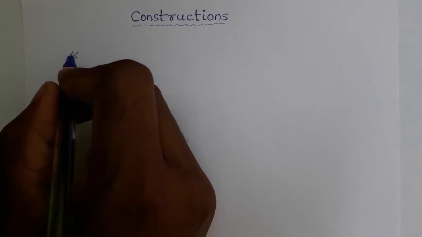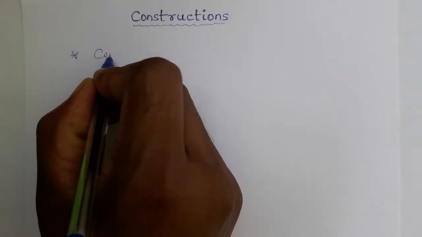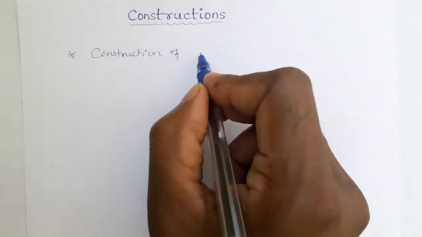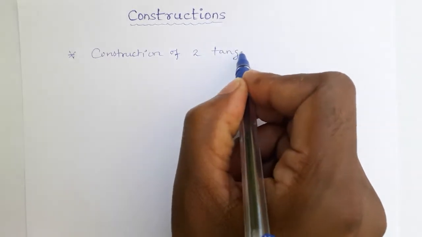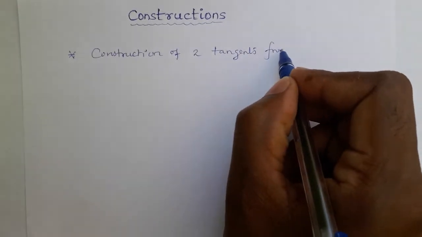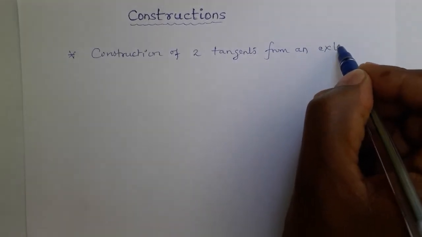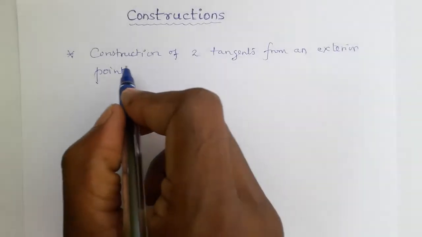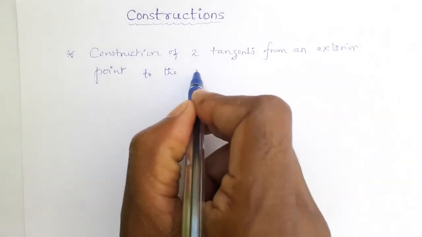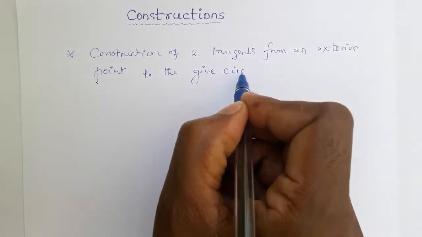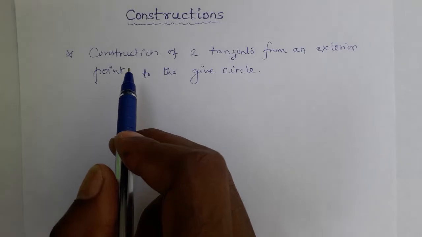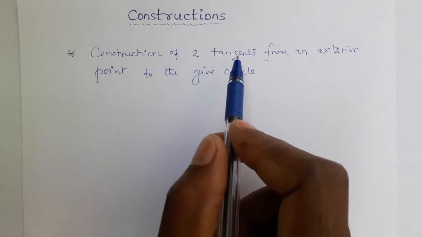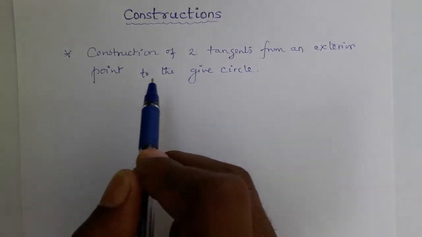The first important type of construction is construction of two tangents from an exterior point to the given circle. Got it?